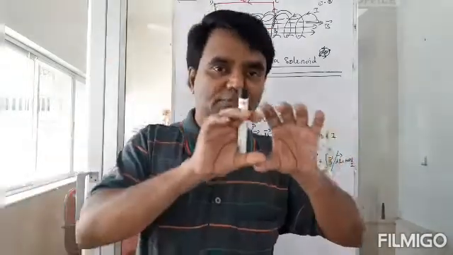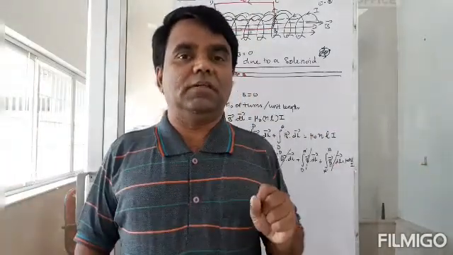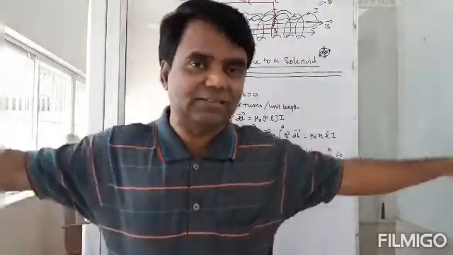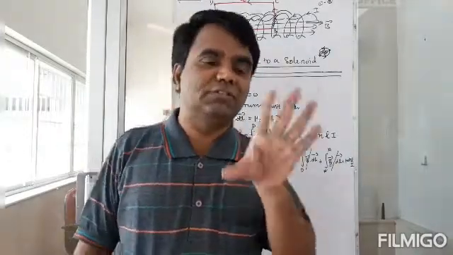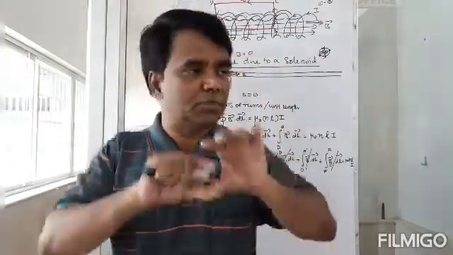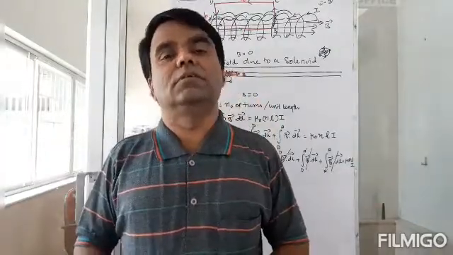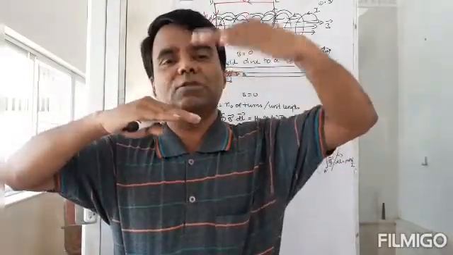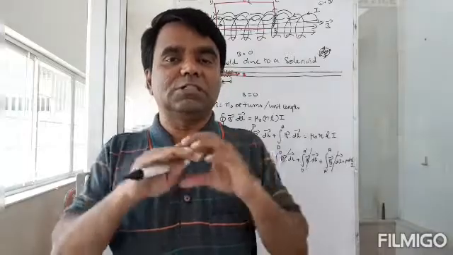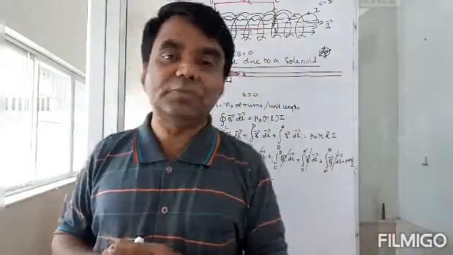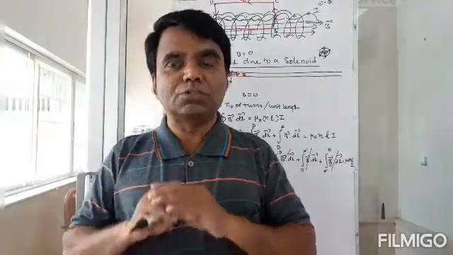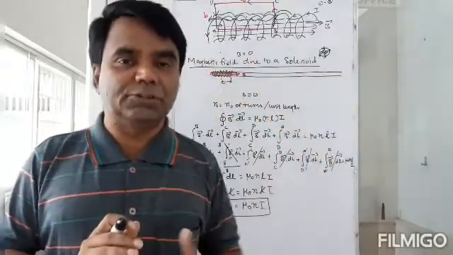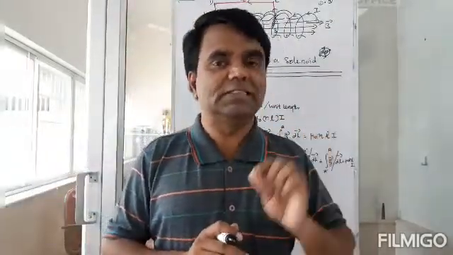And if you have a very long solenoid whose width is negligible compared to the length, or diameter, I should say, the diameter of the solenoid is negligible compared to the length of the solenoid, then you can expect B to be nearly 0 outside the solenoid and to be constant inside the solenoid, as you can see in the picture. Okay? And once you have this kind of a field structure, then using Ampere's circuital law, you can find out the value of B inside.